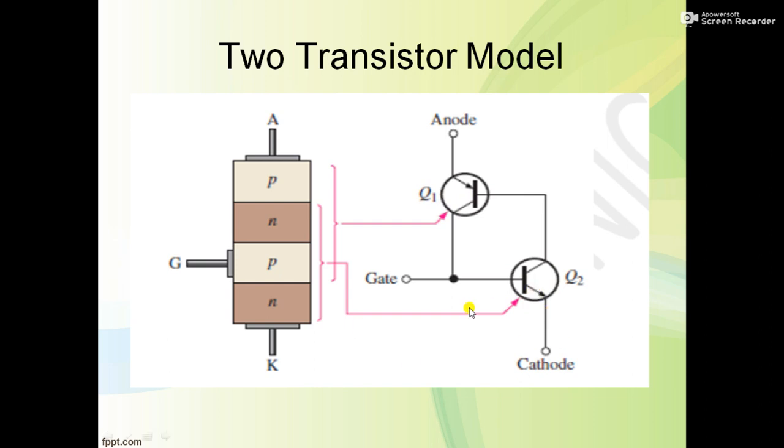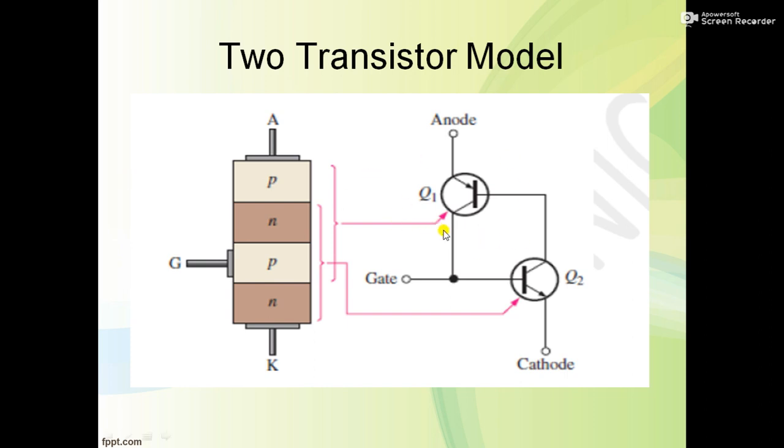So the anode current is the sum of the leakage currents of the two transistors. That means the anode current is given by IC01 plus IC02.